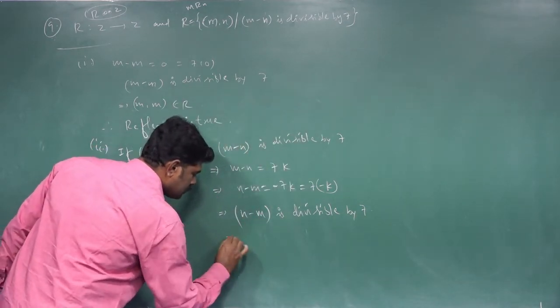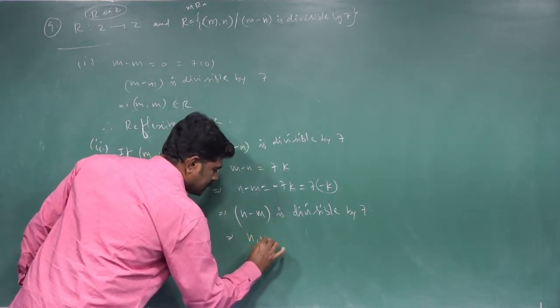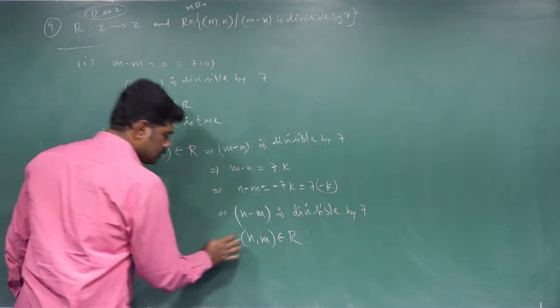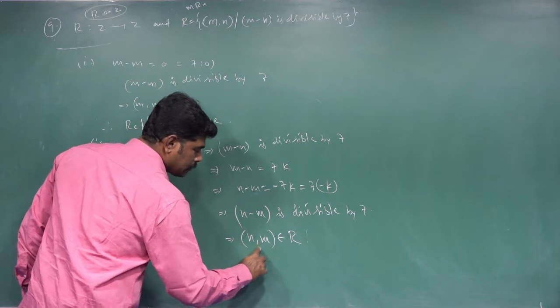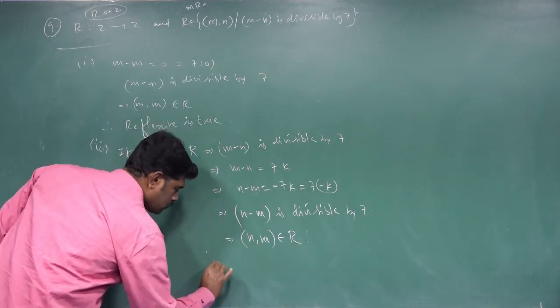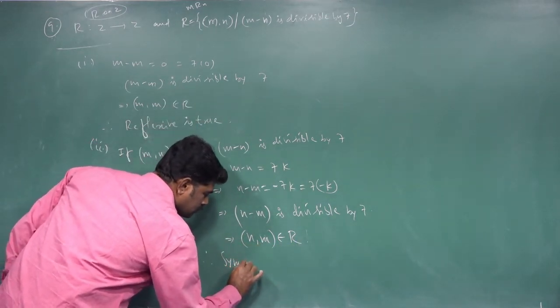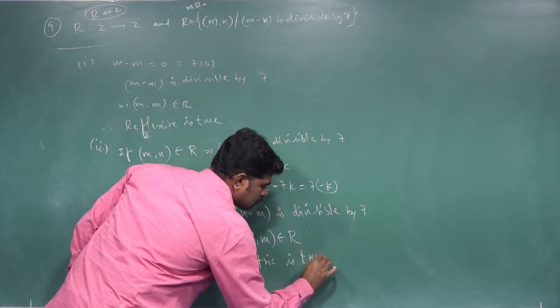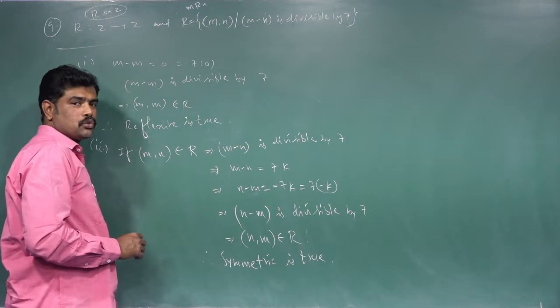Therefore, this implies the pair N comma M also belongs to R. Therefore, symmetric is true.